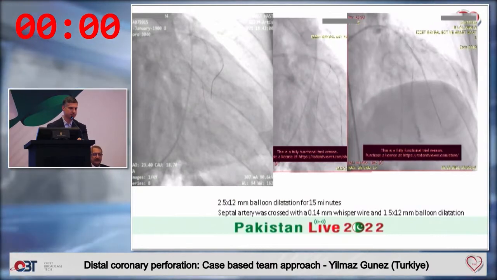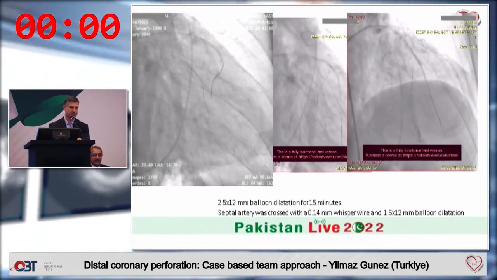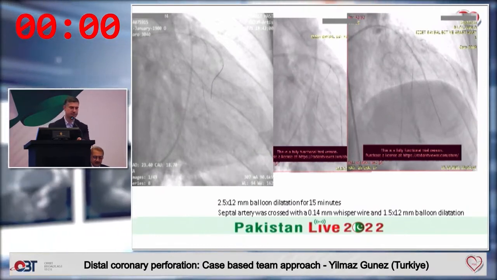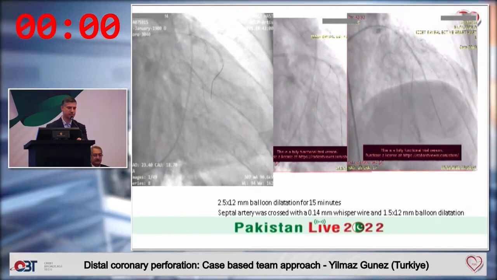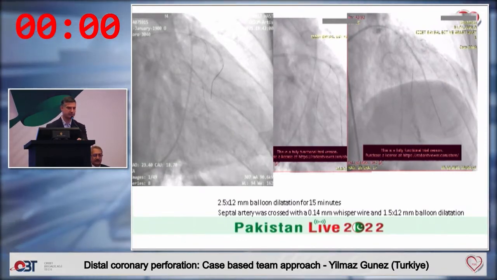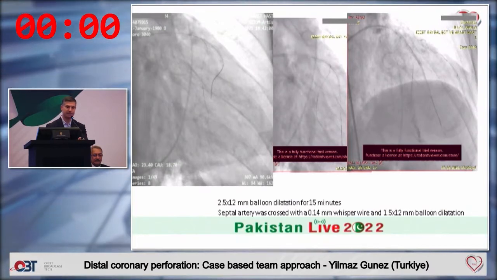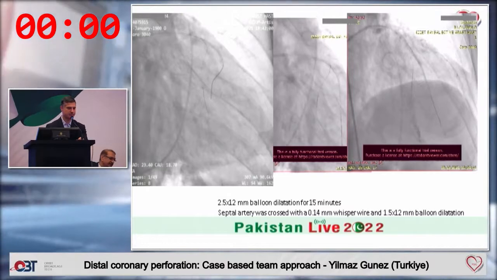We performed prolonged balloon dilatations for 15 minutes, but still there was extravasation in the septal artery. Therefore, we crossed the septal artery within the stent with a Whisper wire, and we did balloon dilatation within the vessel at its proximity.